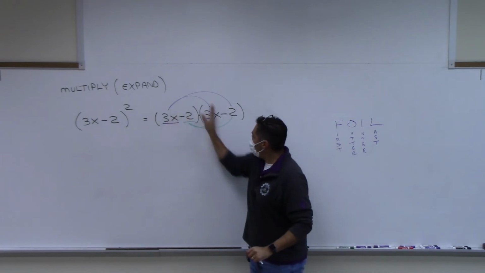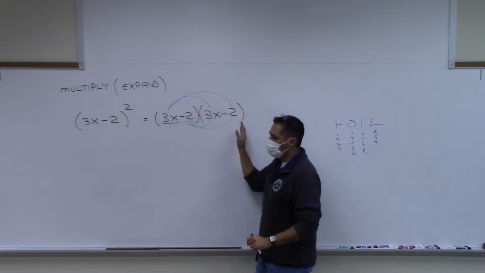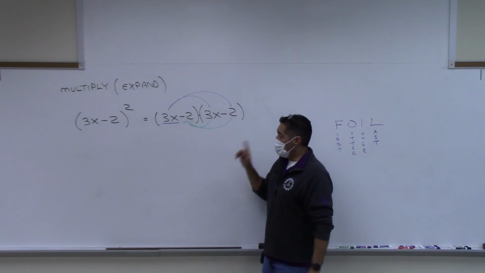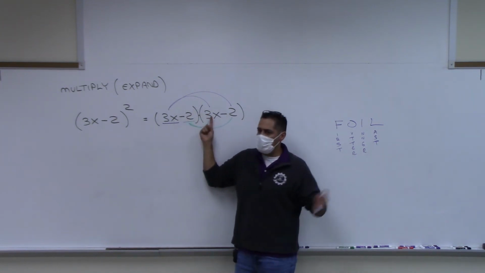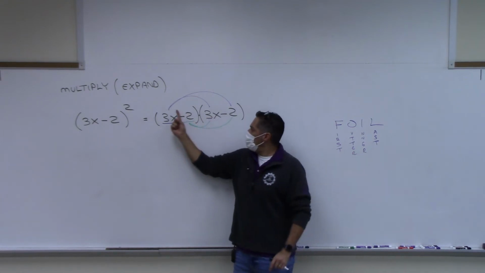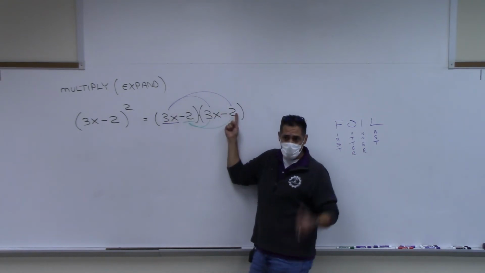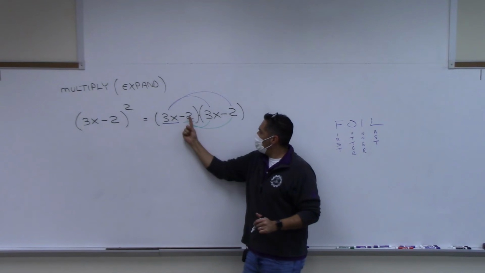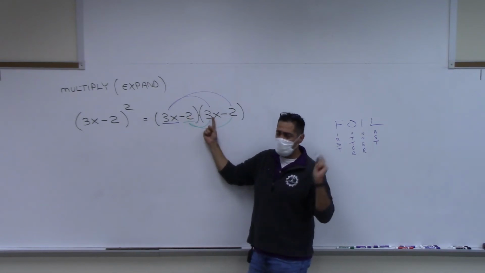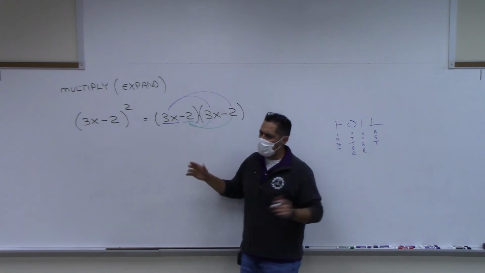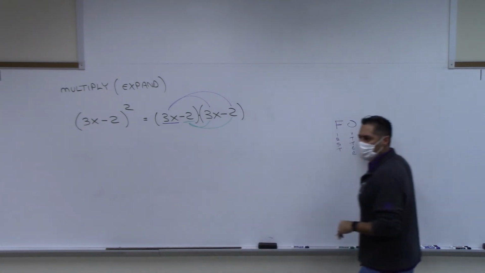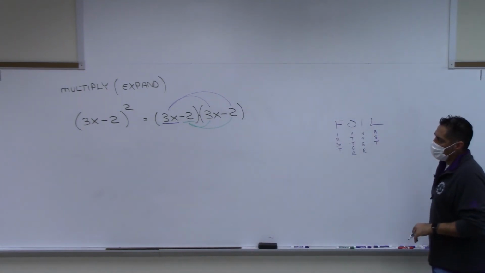Start with the first one, pass it through. Second one, pass it through, finished. If you think about it, when I do this, here to here, that is the F in the foil. And when I do here to here, that is the O in the foil, outer. And if I do here to here, that's the I in the foil. And if I do here to here, that's the L, the last in the foil. So it's the same thing, it's just no cute little name for it, okay?